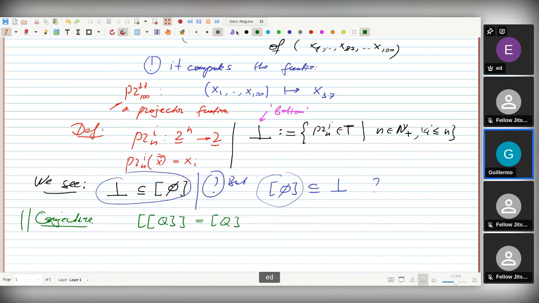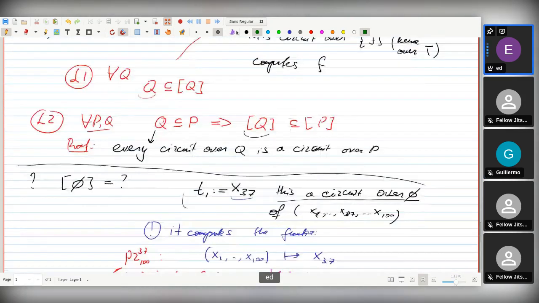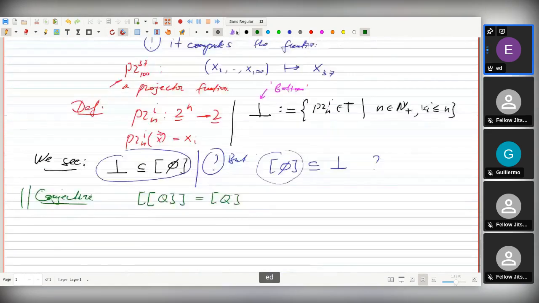Yes. This is the most important fact about these closures. So far, we know these two things. And next time, we will try to obtain this one. And as an application, we will answer this question.